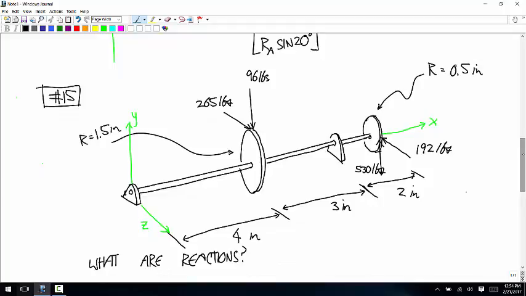what kind of loads do we have here? So first of all, what are the loads that a pin joint can apply? We know that that point's not going to translate about the z-axis or the y-axis. So we know that there's a y component of a force and a z component of a force.